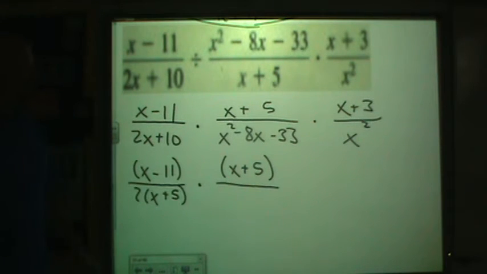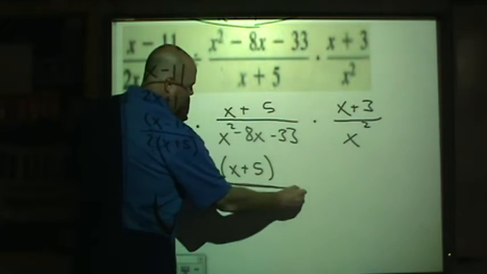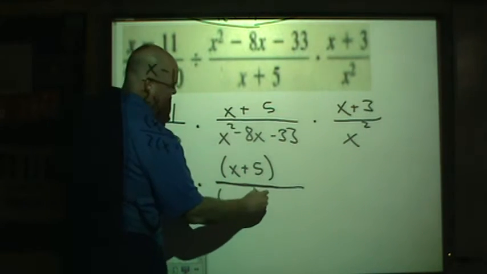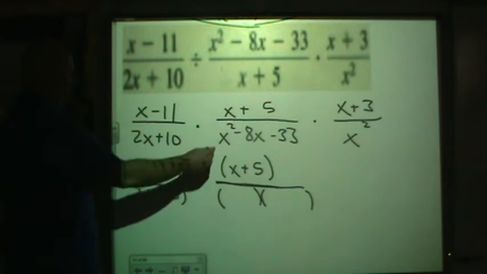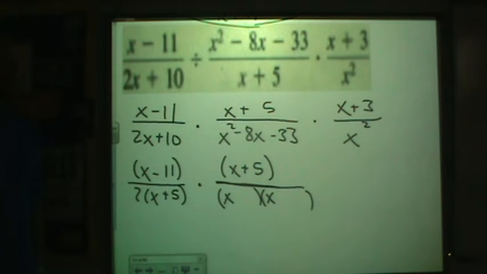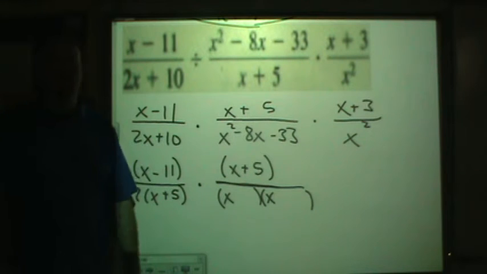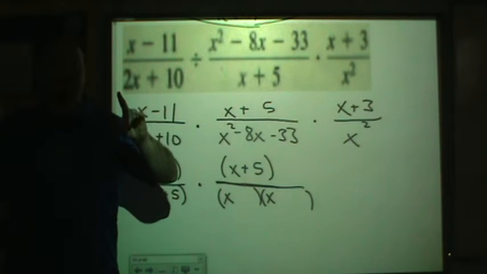And then down here, a quadratic trinomial that I'm going to attempt to factor into binomials. I've got x squared, so I know x can go here and here. I need two numbers that multiply to be negative 33. There's only two numbers that multiply to be negative 33, and they are 3 and 11, and one of them is negative, right?